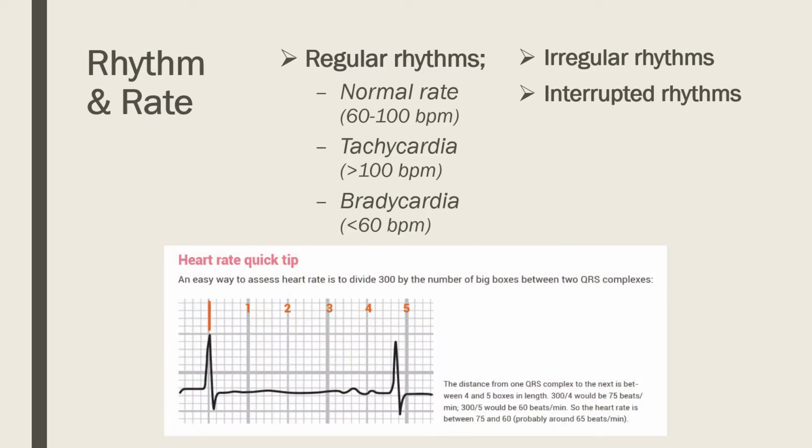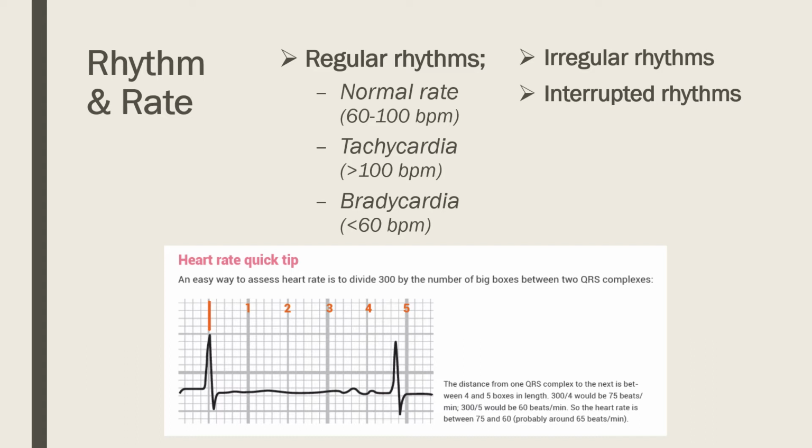To measure the heart rate in a regular rhythm, we can count how many large squares there are between two RR intervals, and divide 300 by the number of large squares between two RR intervals to get the rate of the ECG.